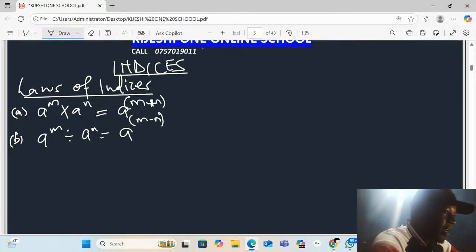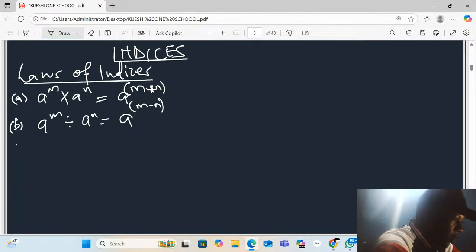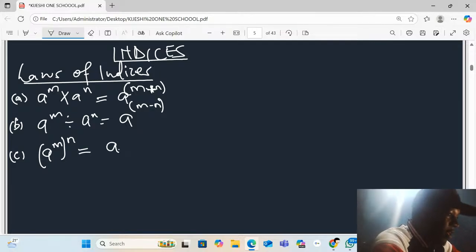And then the third law of indices was this one. When we have a raised to m, then we multiply the power by n, then our answer, we're going to get a, then multiply the two powers, m and n. So we're going to get mn as our answer.